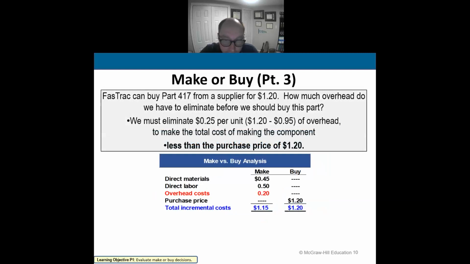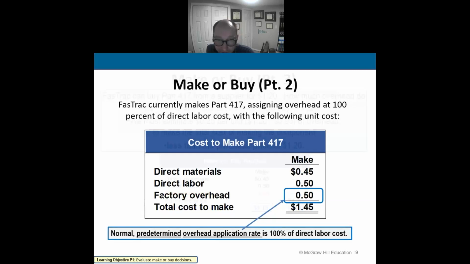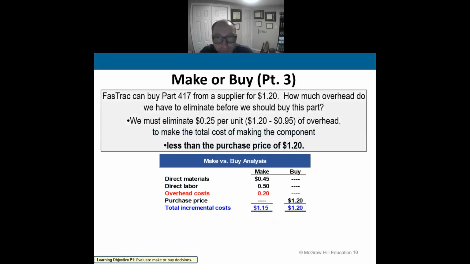Okay, so if it costs me to make it, what did we say? $1.45. I can also buy those wiper blades from Michelin for $1.20. Now we have to figure out the overhead that we would eliminate before we buy the part.